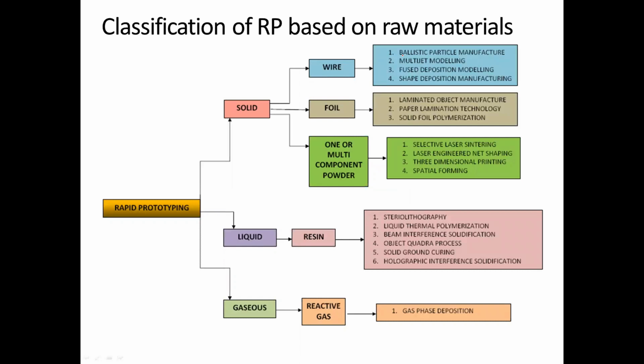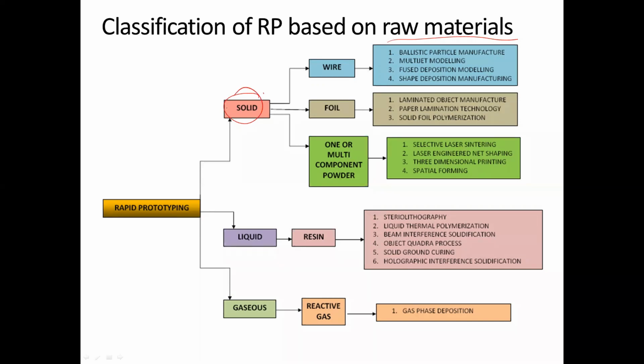So the first classification that I have over here is basically a classification which is based on raw materials. Now, when you talk of raw materials in additive manufacturing or rapid prototyping, there are three broad specifics of materials that are used. Now, there is a solid.